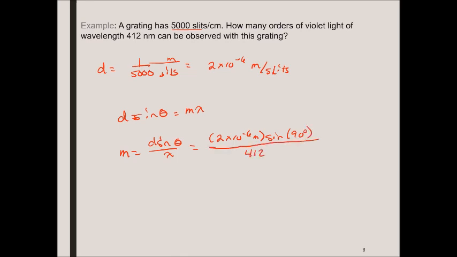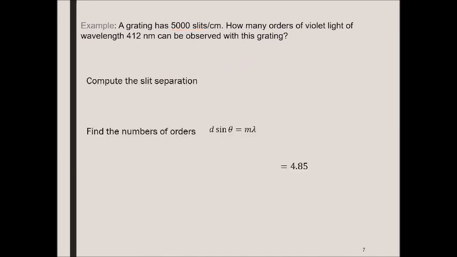So 412 times 10 to the negative 9th meters gives us 4.85, and we drop the decimals because it's just an integer. And so that means that any higher than this, we will not observe. So the last one that's observed must be m max equal to 4, because 4 is visible, m is equal to 5 is not going to be visible at all because it's bigger than 4. Here's all those values again.